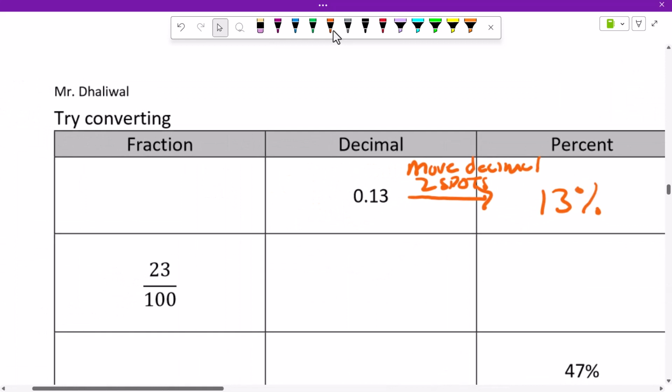Okay. Now, what would it be as a fraction? 13 over 100. The percentage is probably the easiest one to go to a fraction. So you turn it into a percentage, and it's just 13 out of 100.